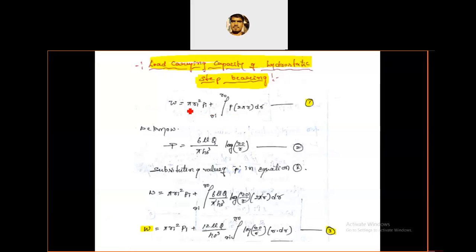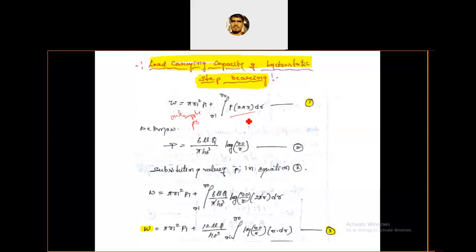One part is, of course, from the outside pressure. This is from the outside pressure or supply pressure. Correct? Outside from the pump, we are supplying the pressure. That is also contributing to the load carrying capacity. Similarly, this part is also load carrying capacity. It is because of the dynamic action of the fluid.